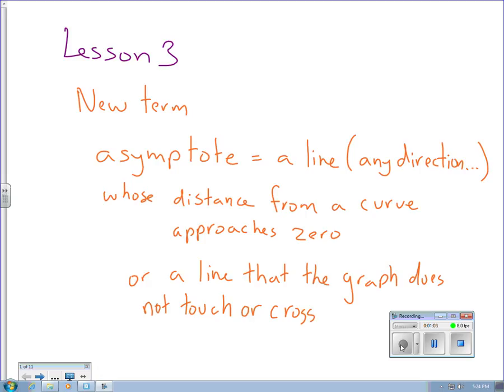A line in any direction whose distance from a curve approaches zero, or a line that the graph does not touch or cross. As we explore graphing today, please look out for those limits. They're like boundaries on a graph, and those boundaries provide interesting restrictions for domain and range, and possibly non-permissible values.